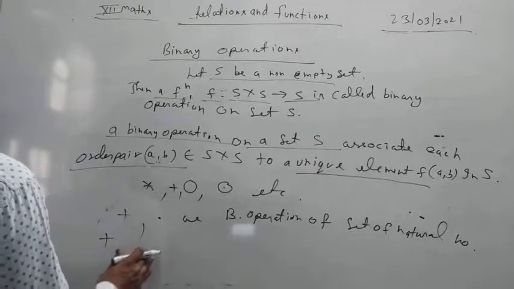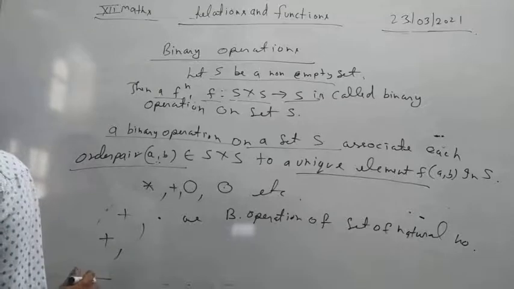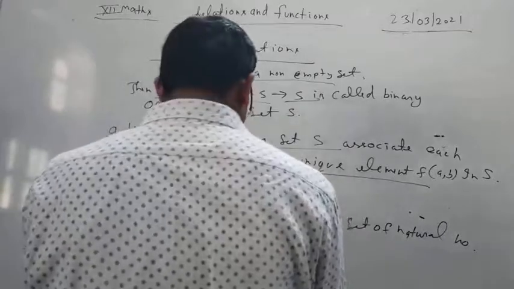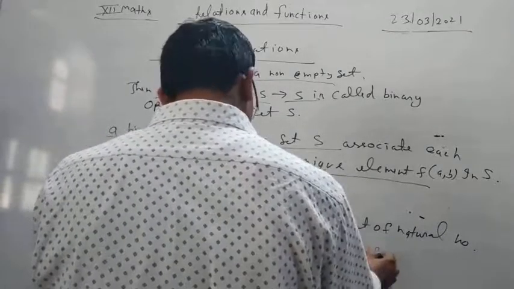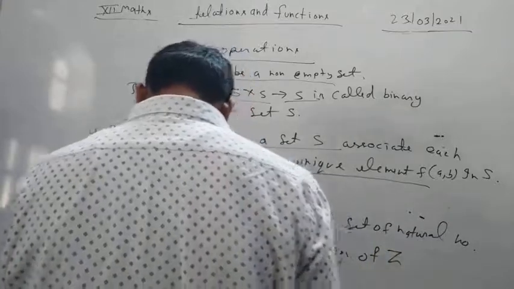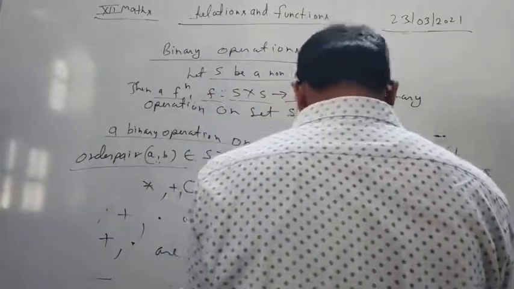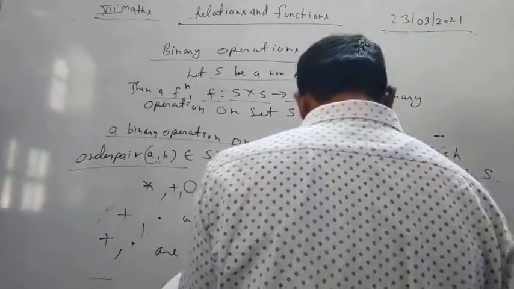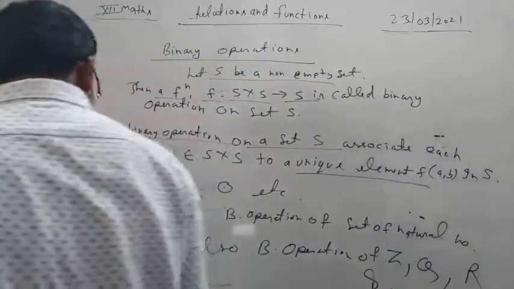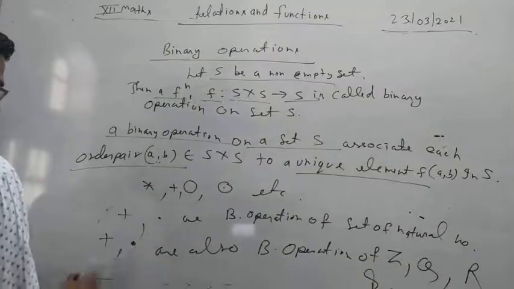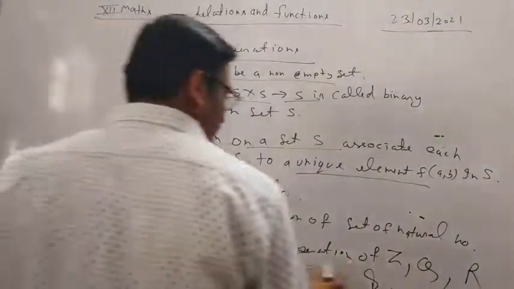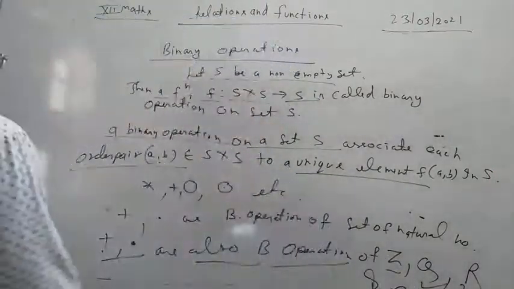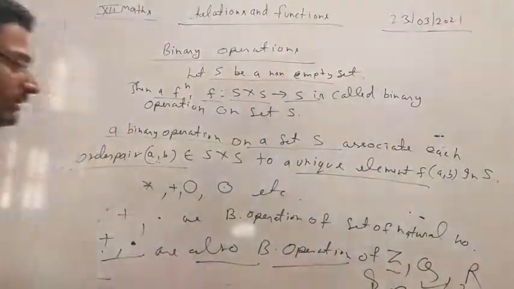Addition and multiplication are also binary operations on the set of integers, the set of rational numbers, and the set of real numbers and complex numbers.